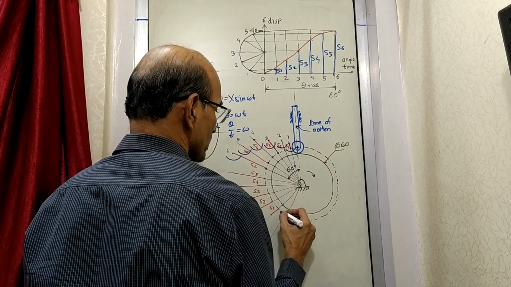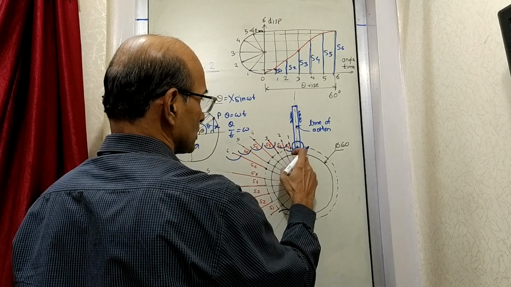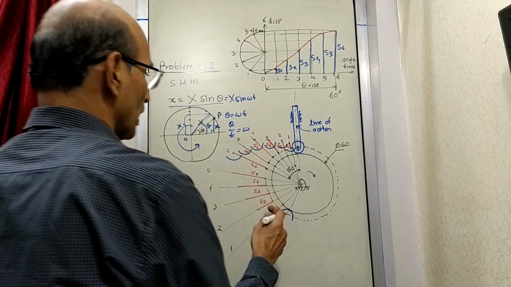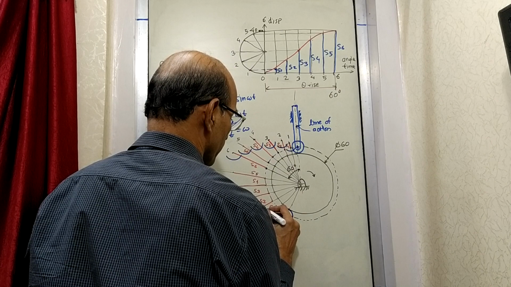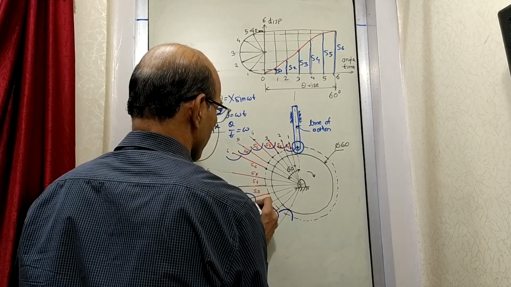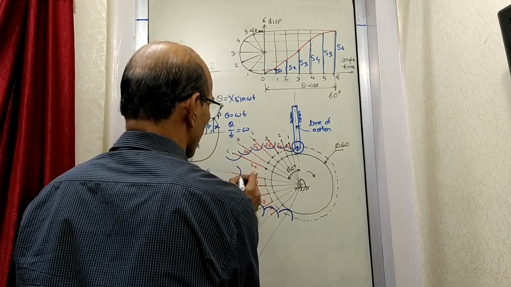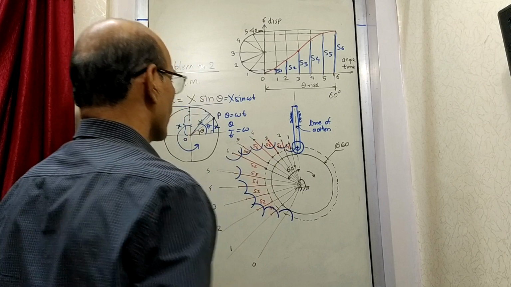So this roller radius when you draw, it will touch this base circle just like what has happened here. And in all the earlier cases, it will be different. Like this.